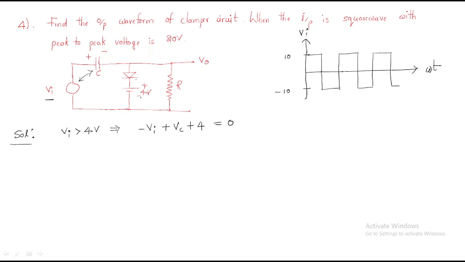This is the diode on condition. From this we can write Vc equal to Va minus 4. But what is the input voltage? Directly, the input voltage is a fixed value. For the positive sign, it is a fixed value, that is, the input value is 10 volts. So 10 minus 4, you will get 6 volts.